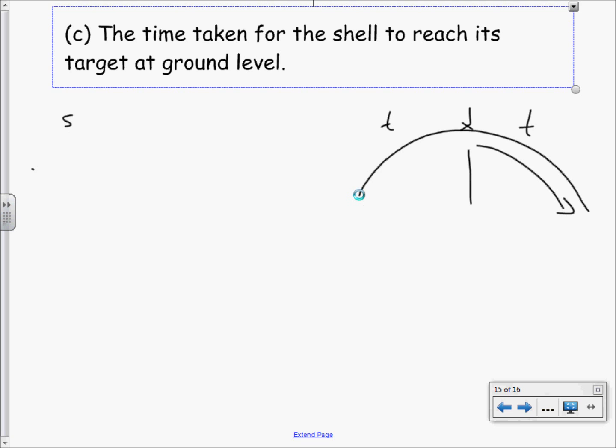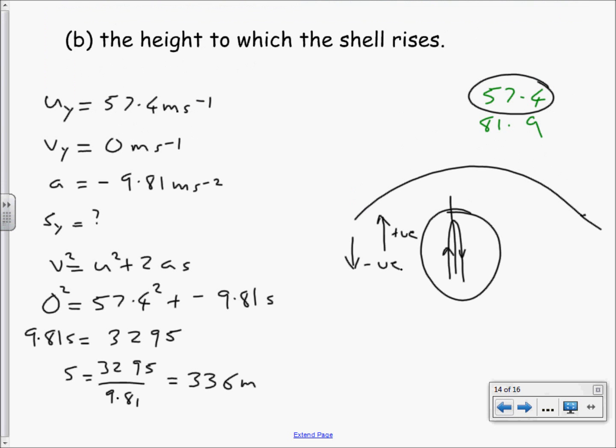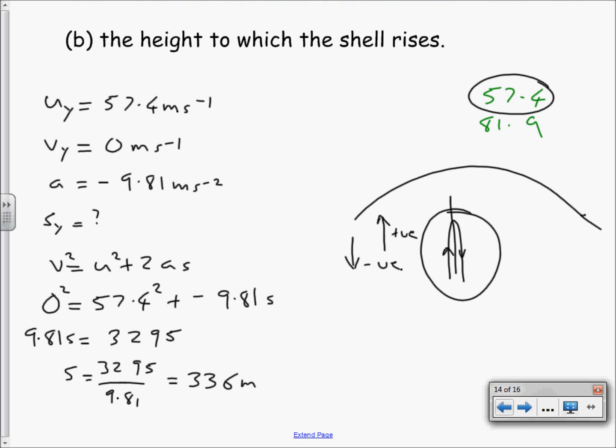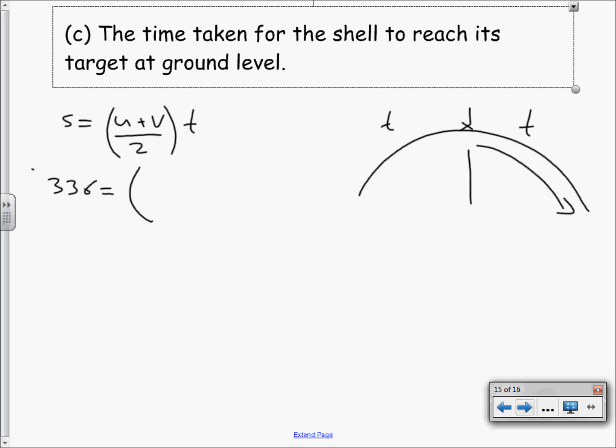You could use S equals U plus V over 2 times T. That's probably the easiest calculation to do. We figured out S to be 336. So 336 equals the average of 57.4 plus 0, all divided by 2. That's the average velocity, times the time.